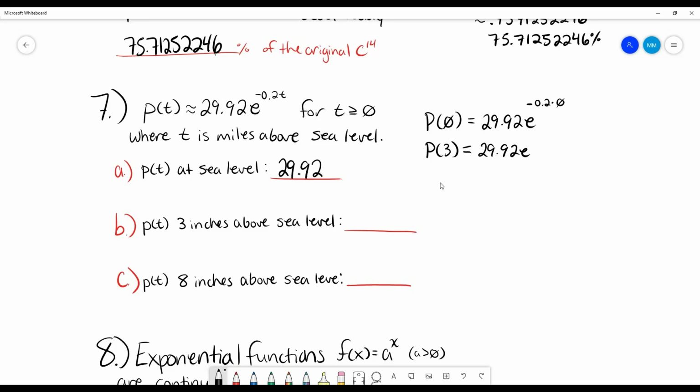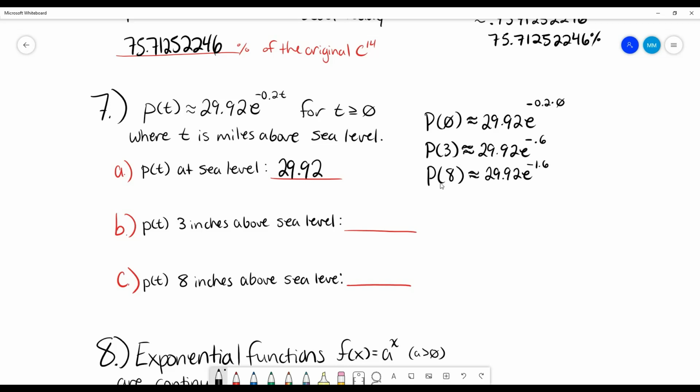And at this point, you would just plug that into your calculator. I know 3 times 0.2 is going to be 0.6, right? And then same thing for 8 miles above sea level. Same deal, or I guess I should be using approximately instead of an equal sign. Okay. And then I'm going to plug both of those into my calculator. So let's see.